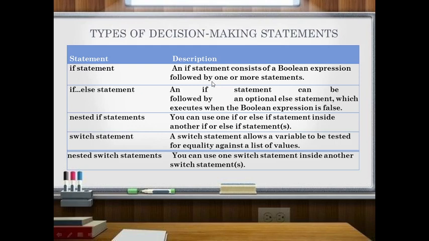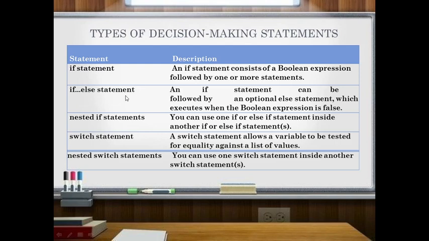For decision making there are many statements to work with. The first type is the if statement. An if statement consists of a boolean expression followed by one or more statements. If it is true, then the statement will be executed.